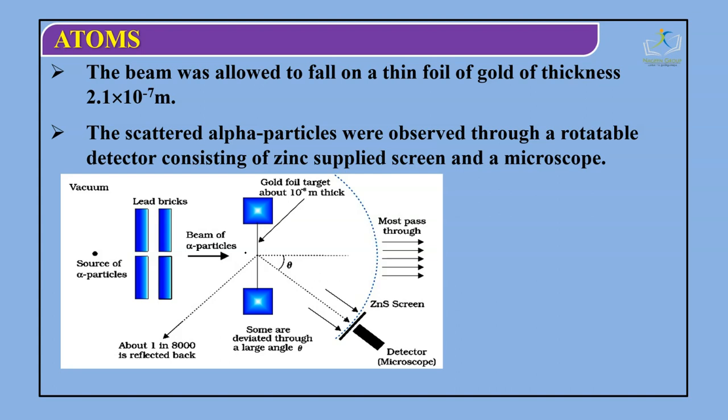This is the complete setup diagram for Rutherford's experiment, which was performed by his students Geiger and Marsden. Rutherford took a few steps, and the further steps were taken by his students, Geiger and Marsden. This is the symmetric arrangement of the Geiger-Marsden experiment.